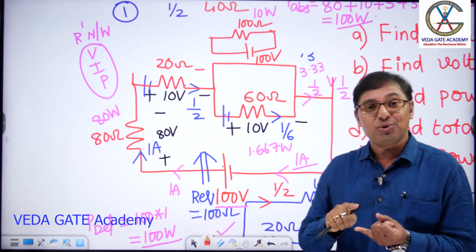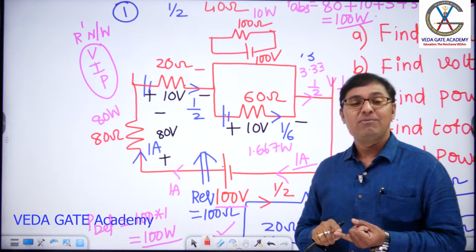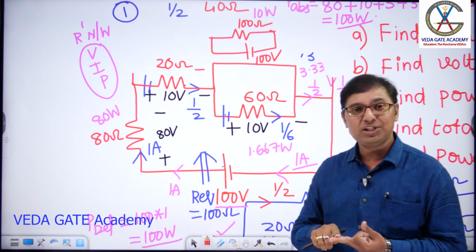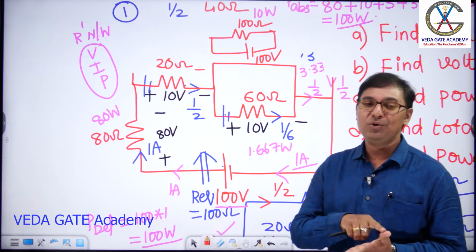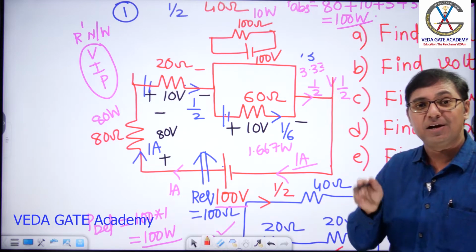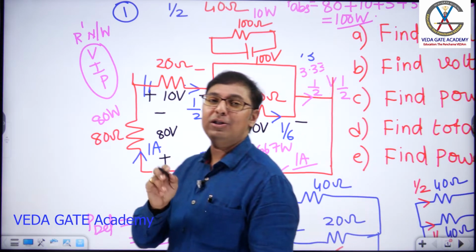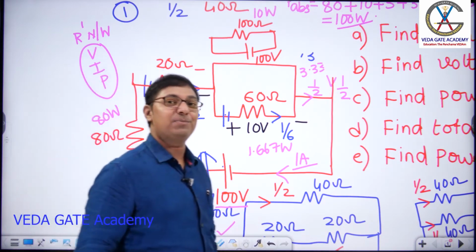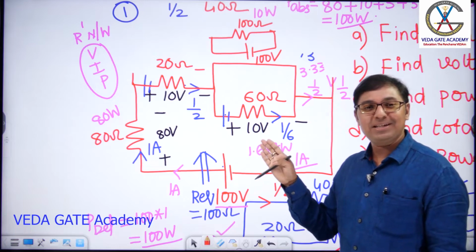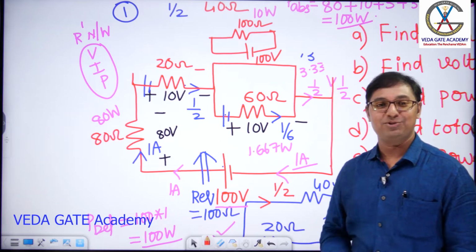Because we used Ohm's law for finding branch current and branch voltage. We used voltage division, current division, KVL, and KCL. Whatever basic techniques we have learned till date, I have applied all of them in this problem. So obviously this is the best structure for understanding the subject.